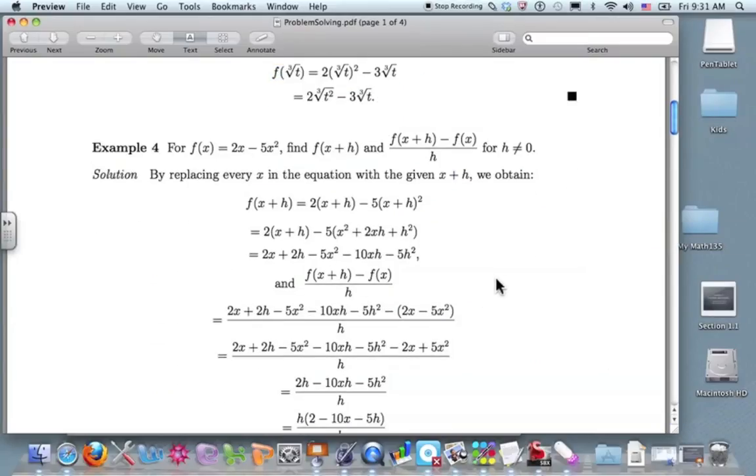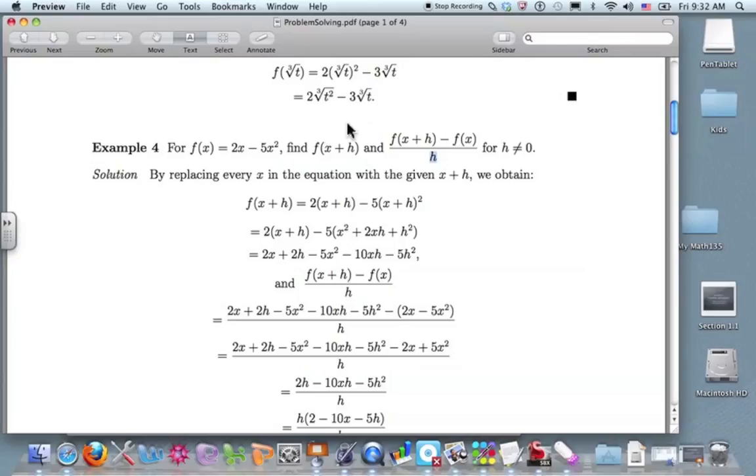Now let's look at example 4. This time we're looking for this quotient, and this is called a difference quotient. We have several questions in the homework assignment dealing with this kind of formula, because later we'll realize this formula is used to define derivatives.